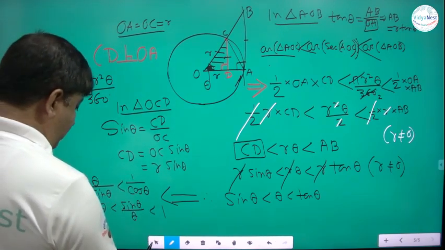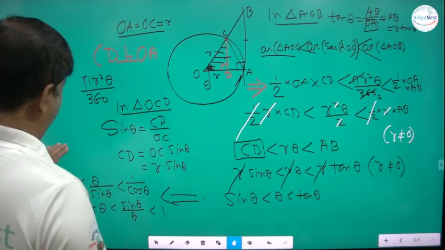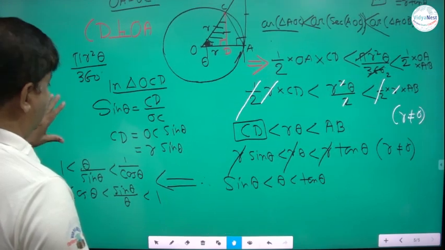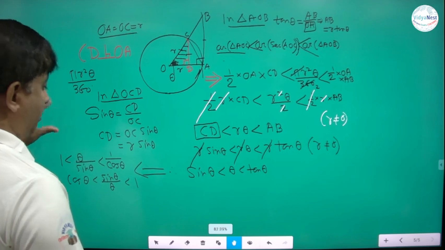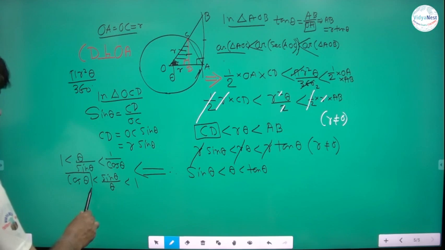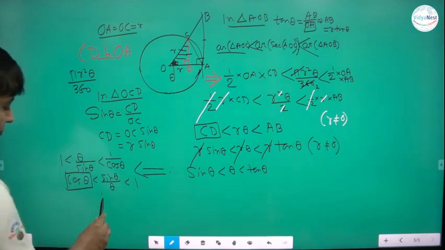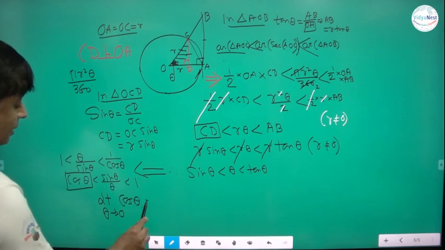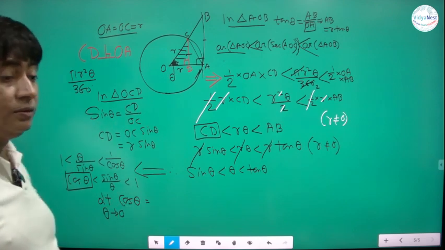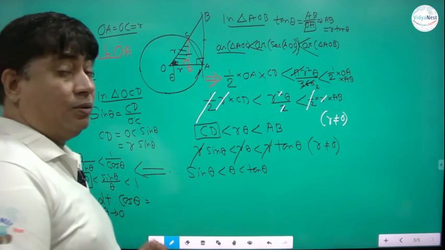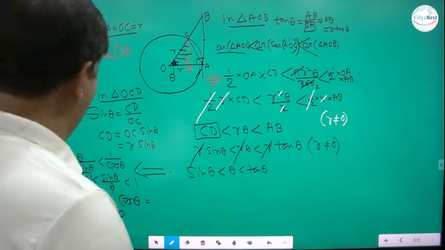Hope it is clear to you. See, take the extreme left part. Limit theta tends to 0 cos theta. You can ask me, sir, can I put theta 0? I will tell you, okay, you put theta 0. If you get a finite value, then you will be allowed to put.